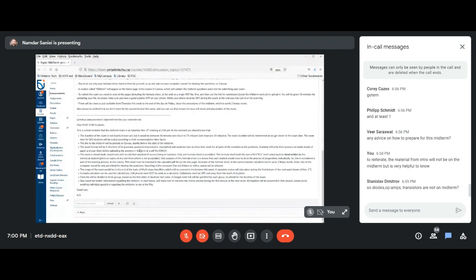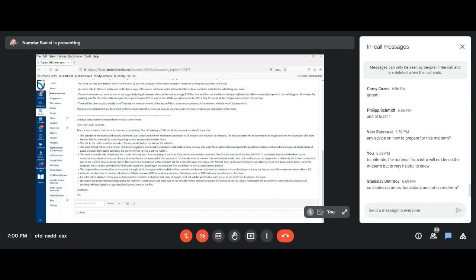It's just a text file, and of course it does have schematics as needed, but you just read it and write your answers on the blank sheets of paper that you have in front of you, and then you upload it. But let's get to that.